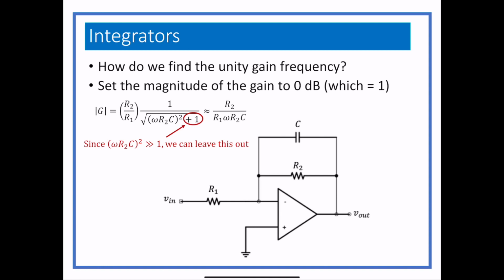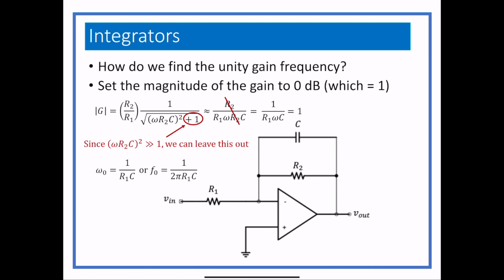And now you see you can take the R2s out. And so we get 1 over R1 omega C equals 1. Then we just solve for the frequency at that point, and the unity gain frequency is 1 over R1C, which means that we're using that other resistor.